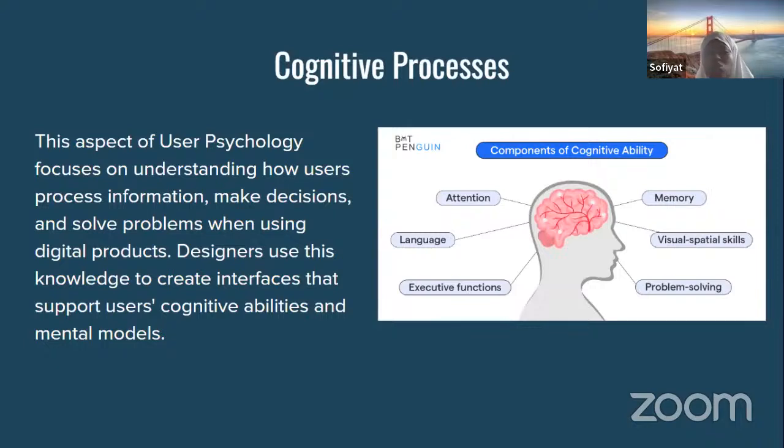And designers use this knowledge to create interfaces that support user cognitive ability and mental model. So the components are memory, attention, language, the executive functions. All of these are part of the cognitive process. You need to understand them, put yourself in their position, and listen to them to understand them very well.